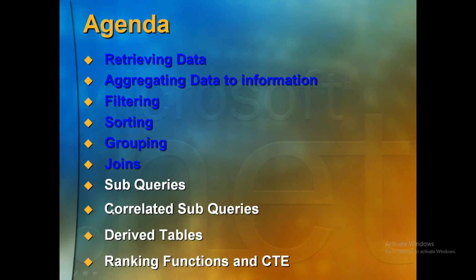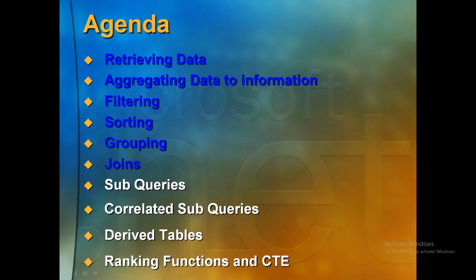Tomorrow, we will see one more type of subqueries. Subqueries are of two types. One is normal subqueries, second is called a correlated subquery. These are subqueries only. One is the normal subquery, whatever we discussed. Tomorrow we're going to discuss correlated subqueries, and we'll see the difference between normal subqueries and correlated subqueries.